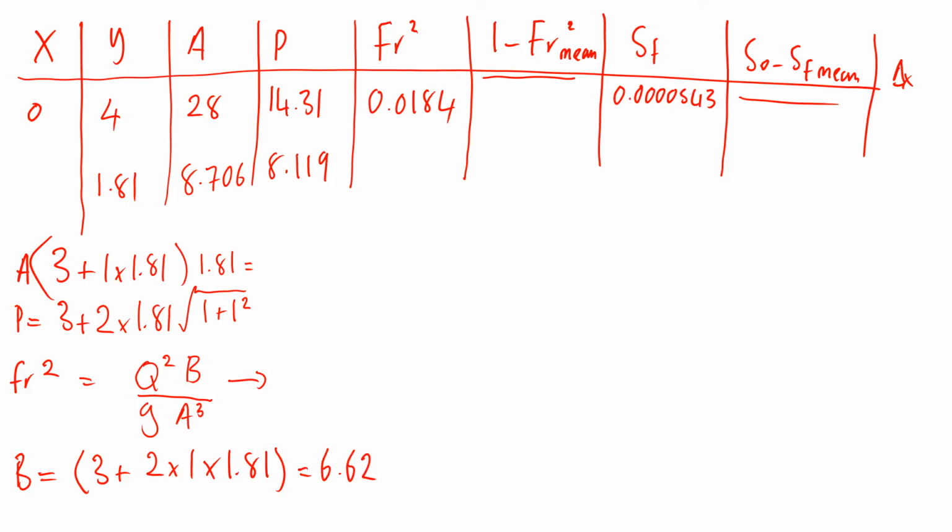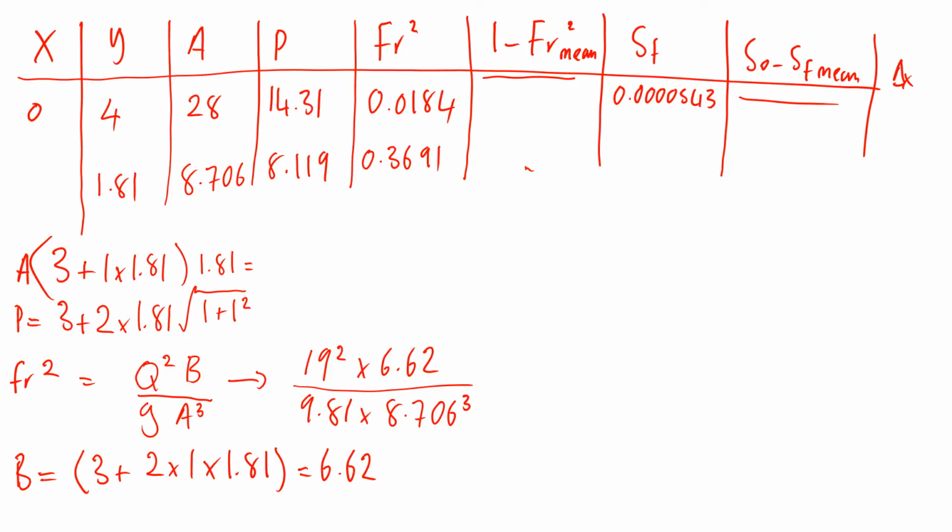So you calculate f of r squared, so that's 19 squared times 6.62 divided by 9.81 times 8.706 cubed. And then f of r squared is 0.3691.